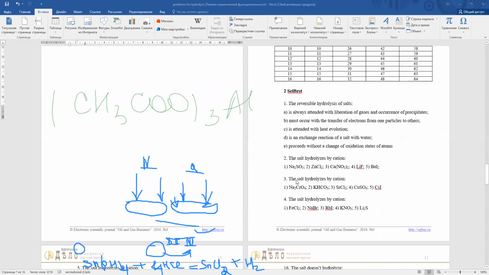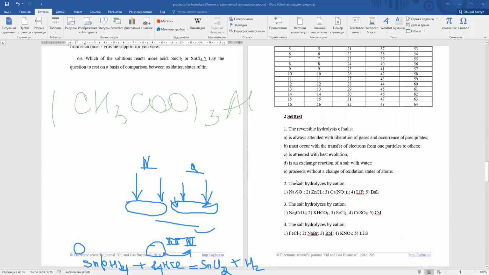Here are multiple choice questions in order to train your brain and check your knowledge. The reversible hydrolysis of salts is always attended with the liberation of gases, occurrence of precipitate, or heat evolution.